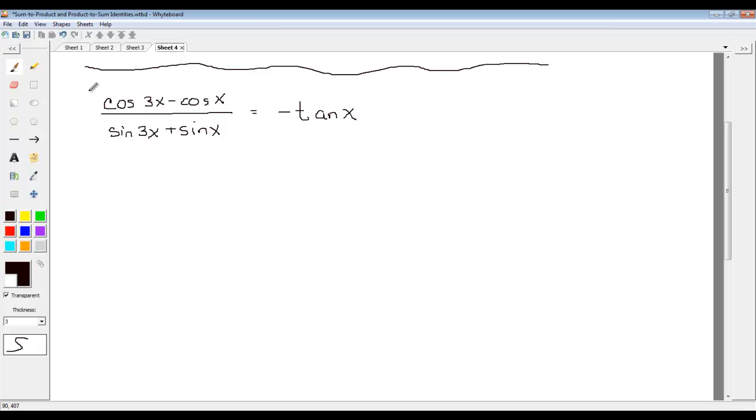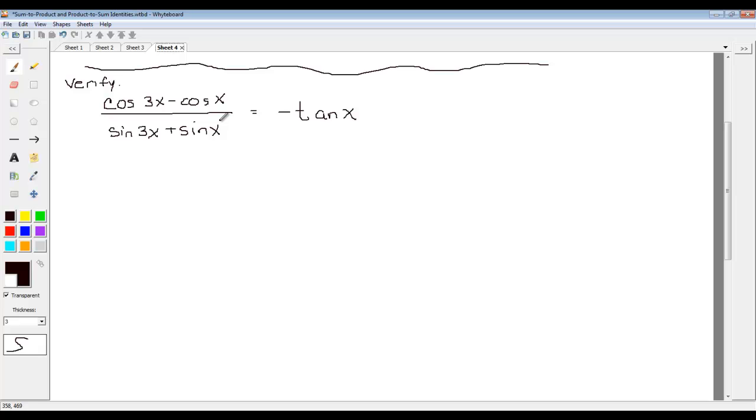You're asked to verify this identity. Well, the negative tan x side is already pretty simplified, so I don't really want to work with that. Whereas the left side, you've got a difference and a sum. I think we can do something with that using some of these identities we now are familiar with.